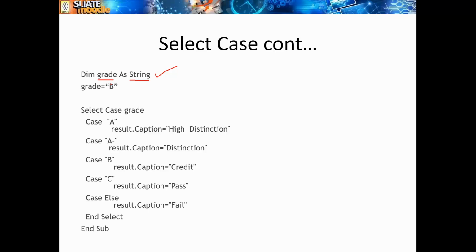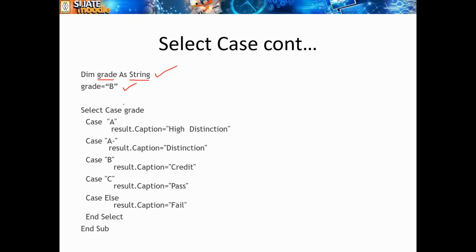String means letters, characters, right? More than one letter can be included in a string, right? So here in this second line, we have assigned the letter B to this grade variable.